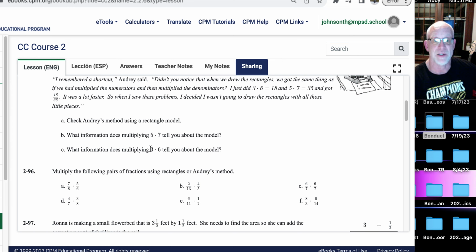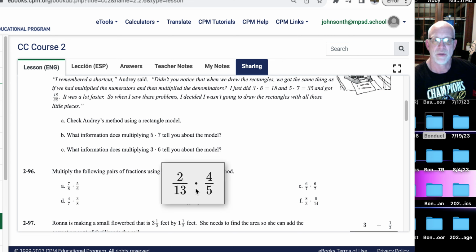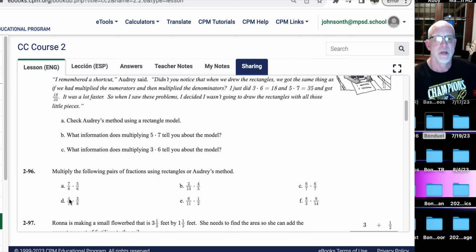What information does multiplying 3 times 6 tell you about the model? And then try multiplying these. 7/8 times 5/6, 2/13 times 4/5, 6/7 times 6/7, 4/7 times 3/8, 6/11 times 1/12, and 8/3 times 9/14.